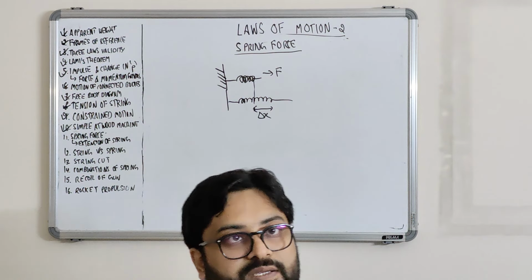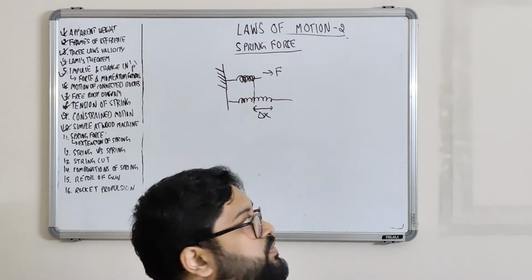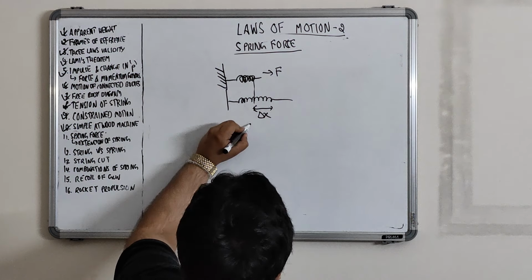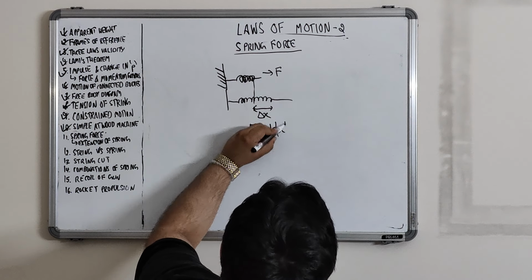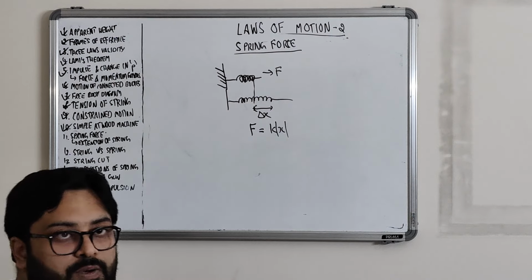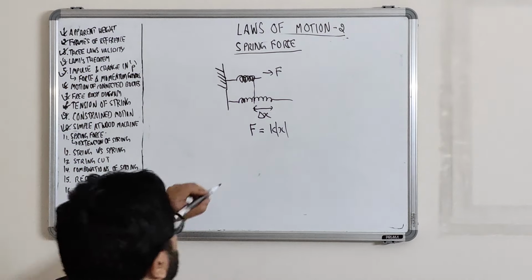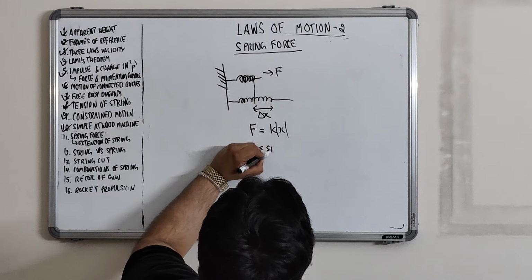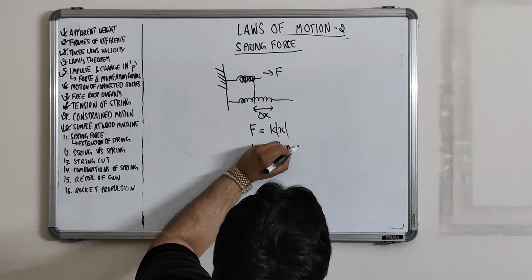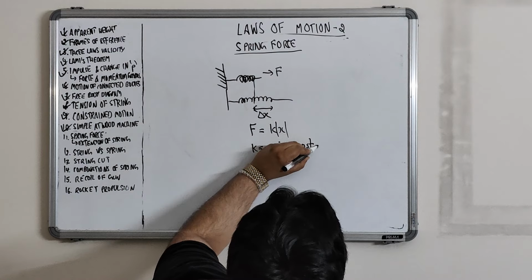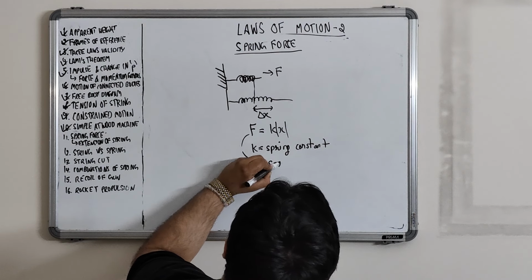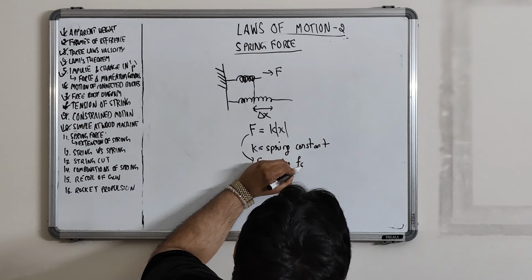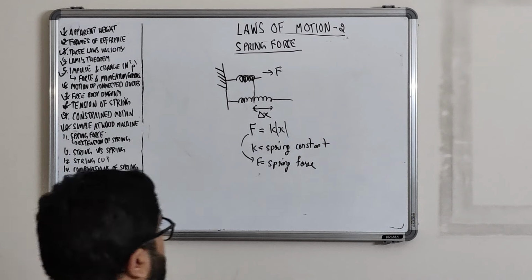If the elongation is not too much as a result of the force, then we can say F is equal to mod of kx. K is called spring constant, and F is called spring force.